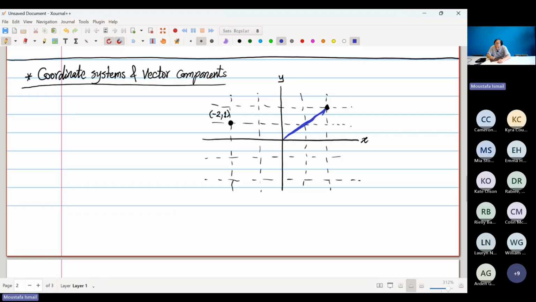It's an arrow that starts at the origin and ends at some point, and let's call this vector A. Its components are A sub x, to indicate the x direction, and A sub y.